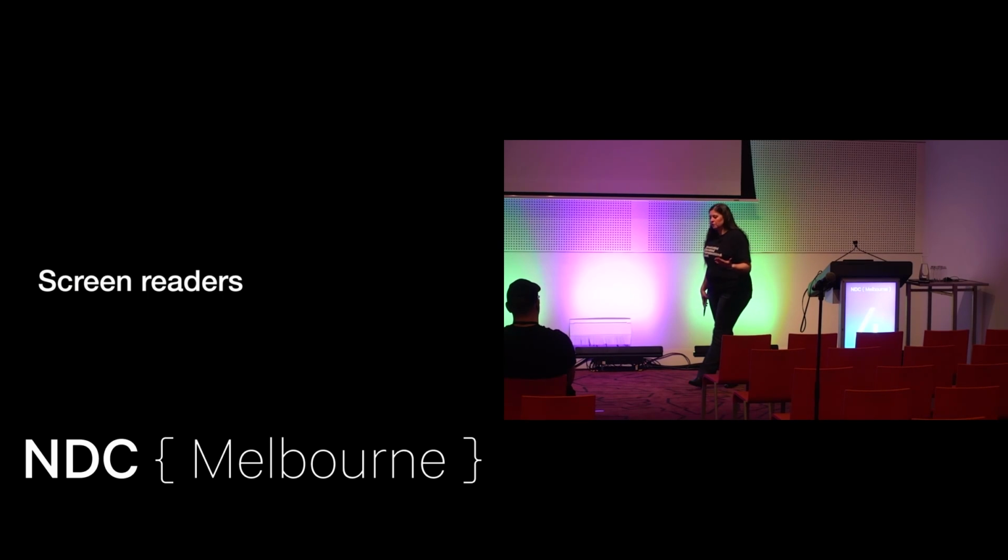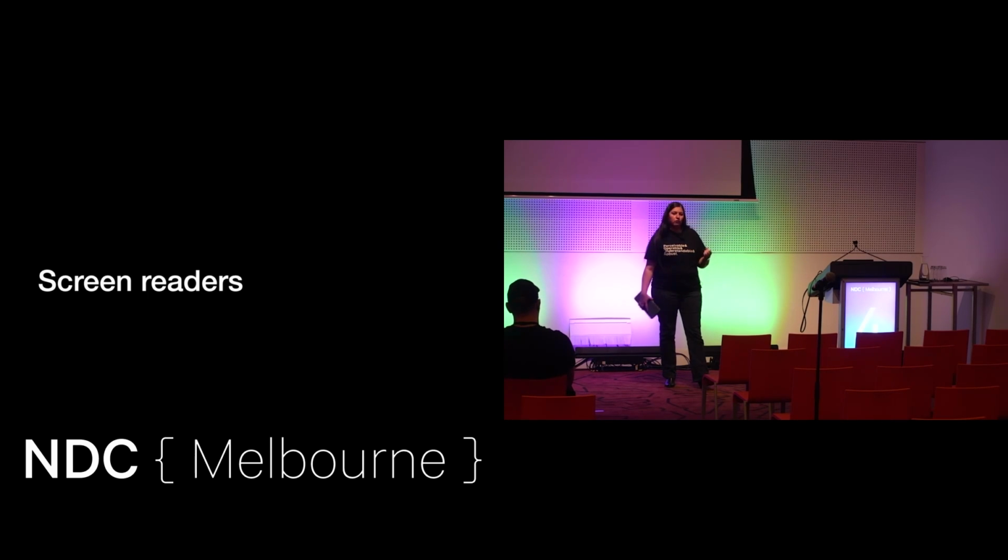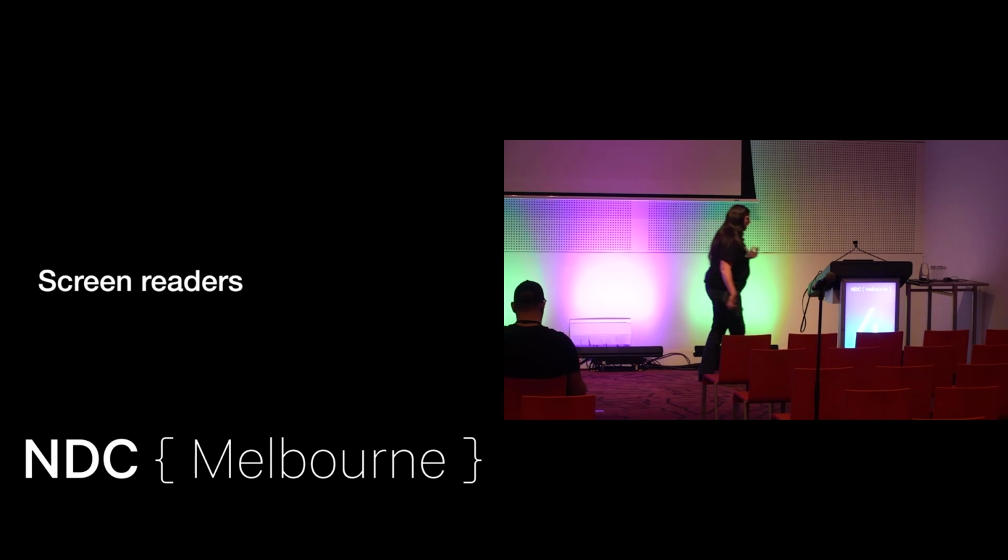So you'll move around the screen and you'll be told about all of the buttons, the links, the headings, the images, and everything that's going on and what you can interact with as a user. So we're removing entirely the dependency on the visual interface and replacing it with audio.